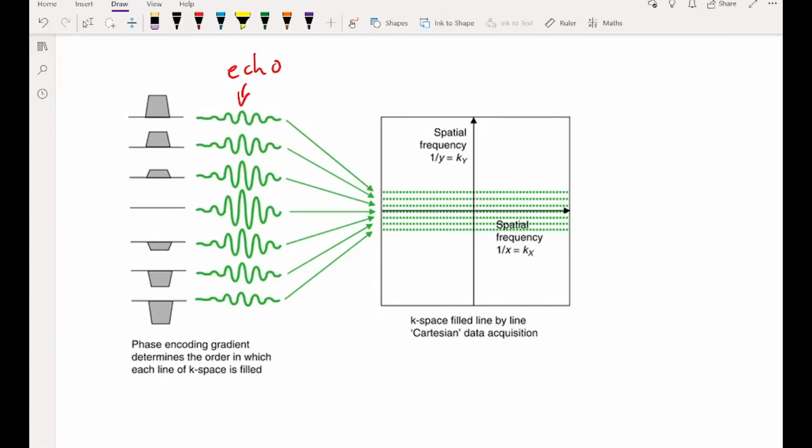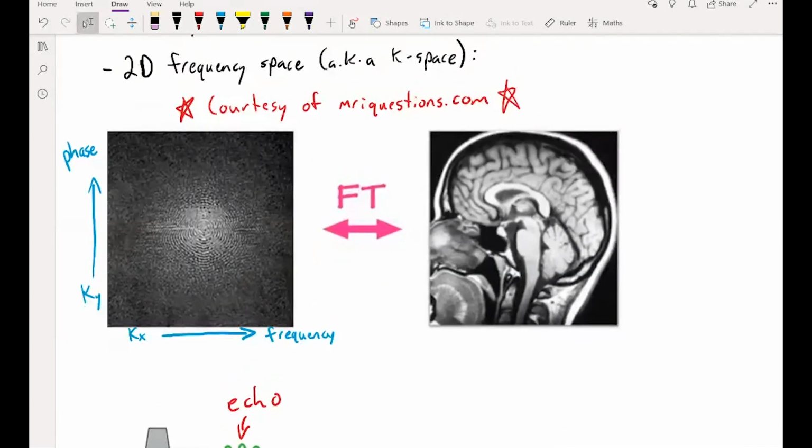And if we go back up, you can see that there are bright and dark spots in K-space from left to right and top to bottom. This can be understood by thinking about looking at the echo from the top down. When the echo is largely positive, the dot in K-space is bright. When it's negative, the dot in K-space is dark. And you can see that there's a brighter center in K-space because that's when the echo is at its maximum amplitude generally.